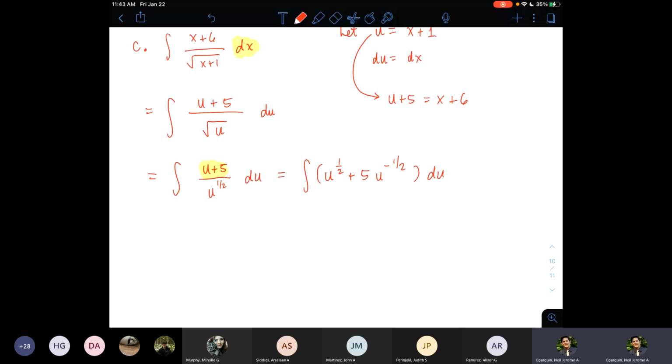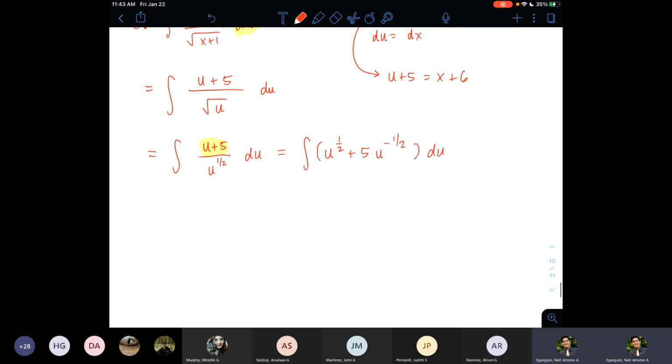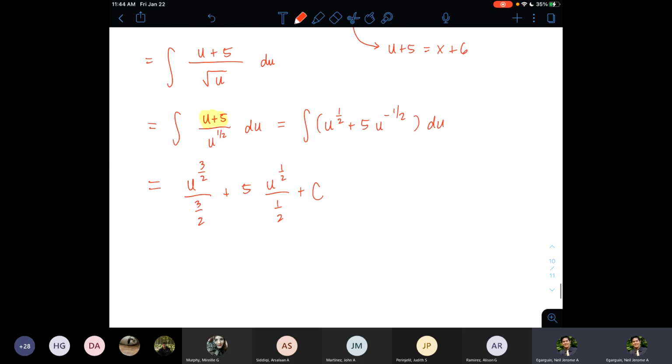All right. And I guess this is what you'll get also, Muriel, after you do your splitting first and then the u substitution after. So now I can integrate them term by term. So I'll have u to the 1/2. Its integral is u to the 3/2 all over 3/2, plus 5 times u to the 1/2 all over 1/2, plus the arbitrary constant c.